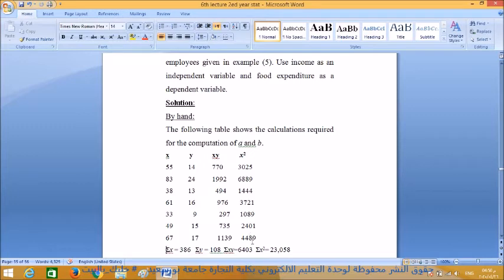So here the summation of X squared equals 4489. The summation of XY equals 1139, and so on. The summation of X equals 386. The summation of Y equals 108, and so on.